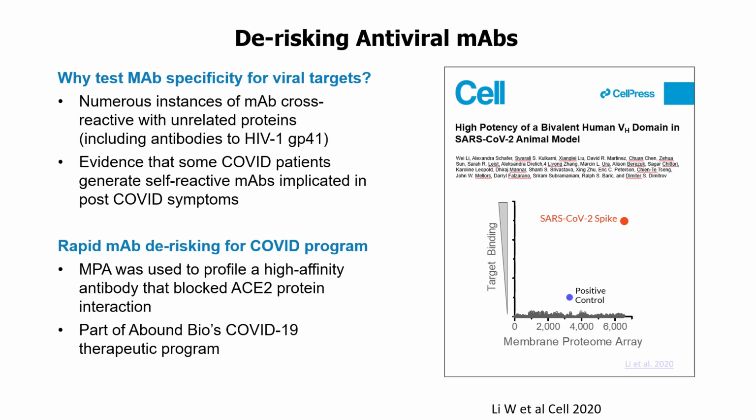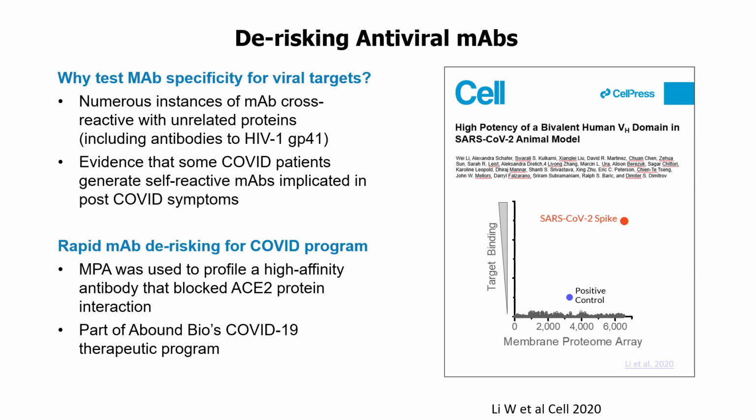So the question, again, as I mentioned, it's very important that we do so-called de-risking for safety in the environmental maps, and there are some examples of monoclonal antibodies cross-reactive with unrelated proteins.